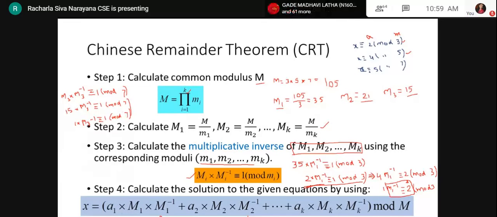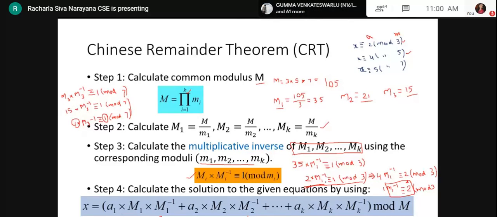So 1 into m3 inverse is m3 inverse, so m3 inverse mod 7 is again 1. So now we have all three inverses.